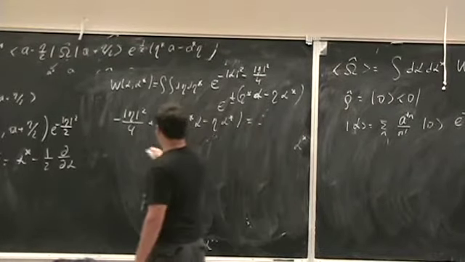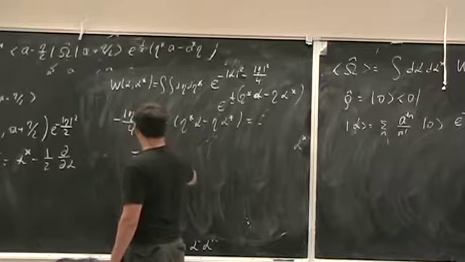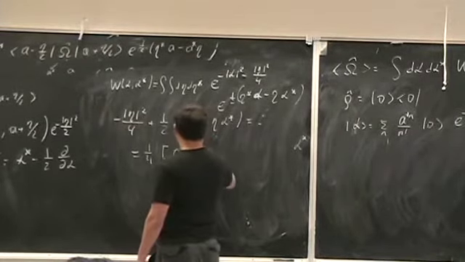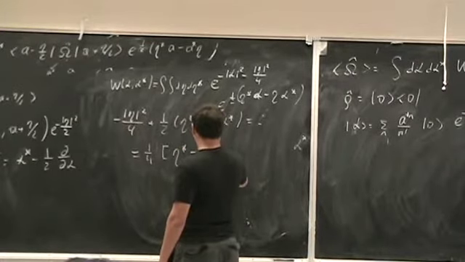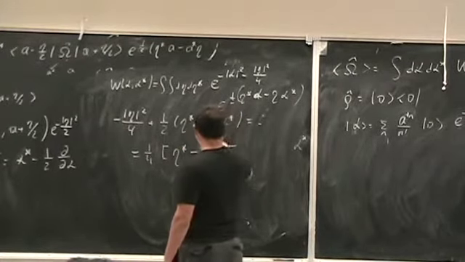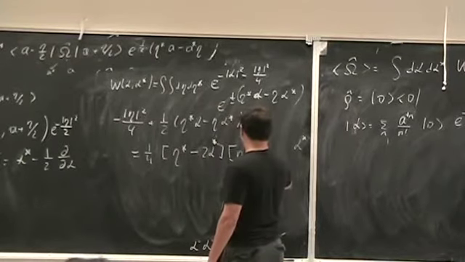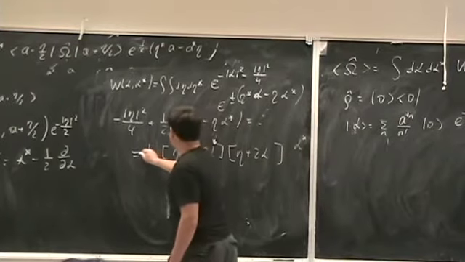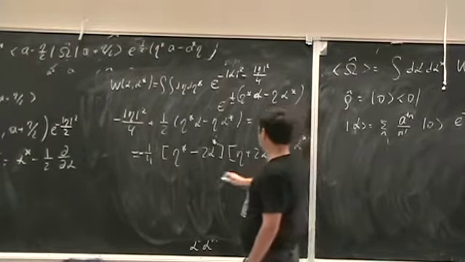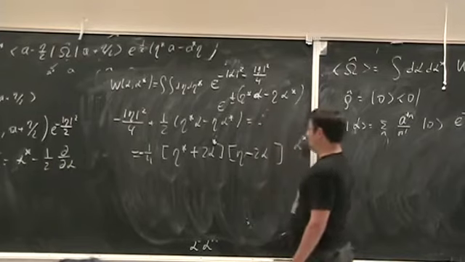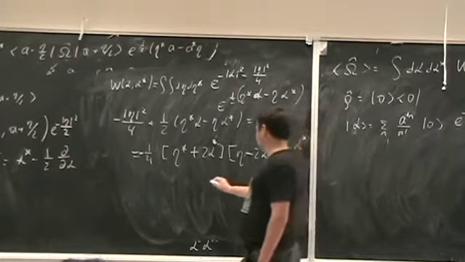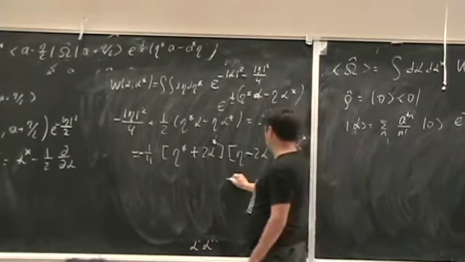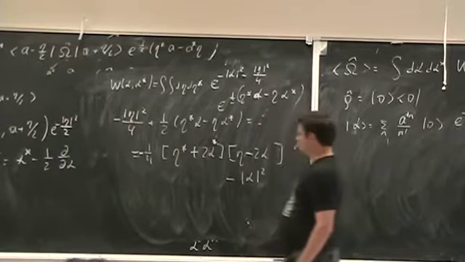I can write in the following way: minus 1/4 eta star, let me just try to get it right, minus 2 alpha star eta plus 2 alpha. See if I got signs right. No, I got them wrong. And then I will get extra plus alpha squared, so we need to subtract minus alpha squared.